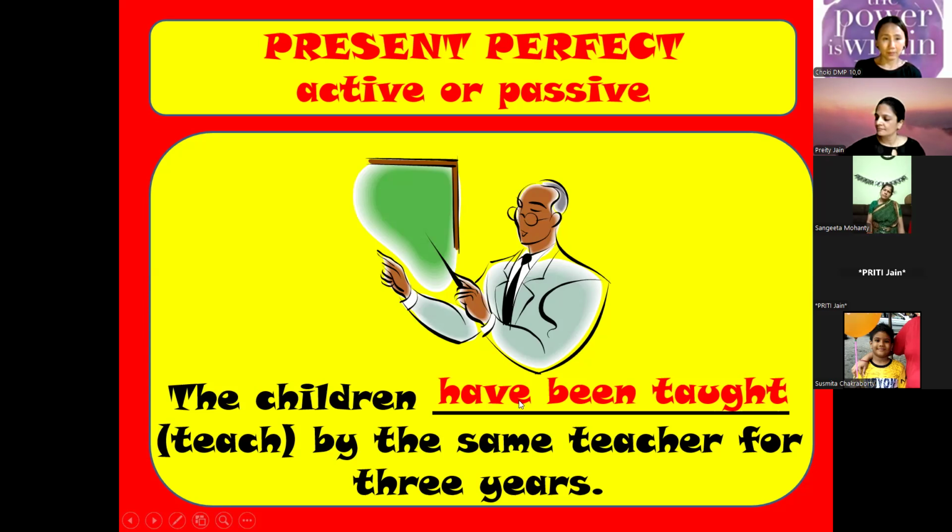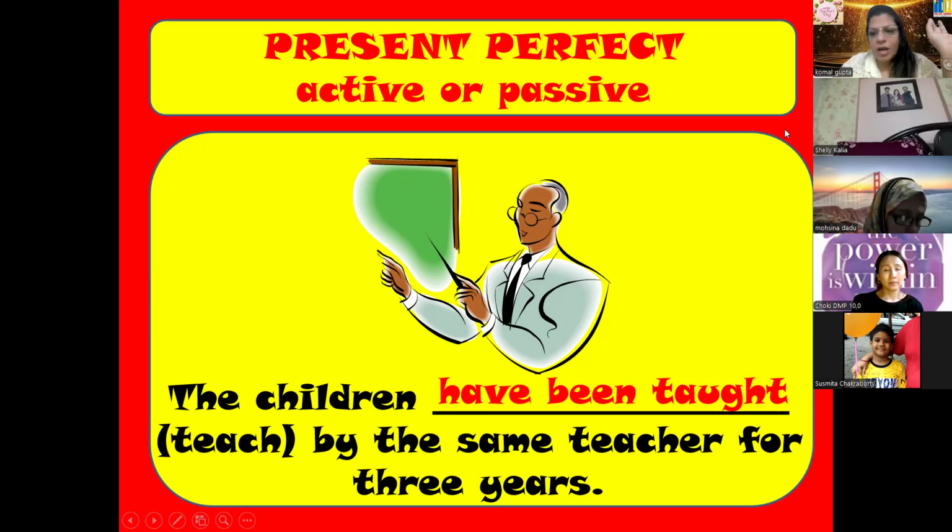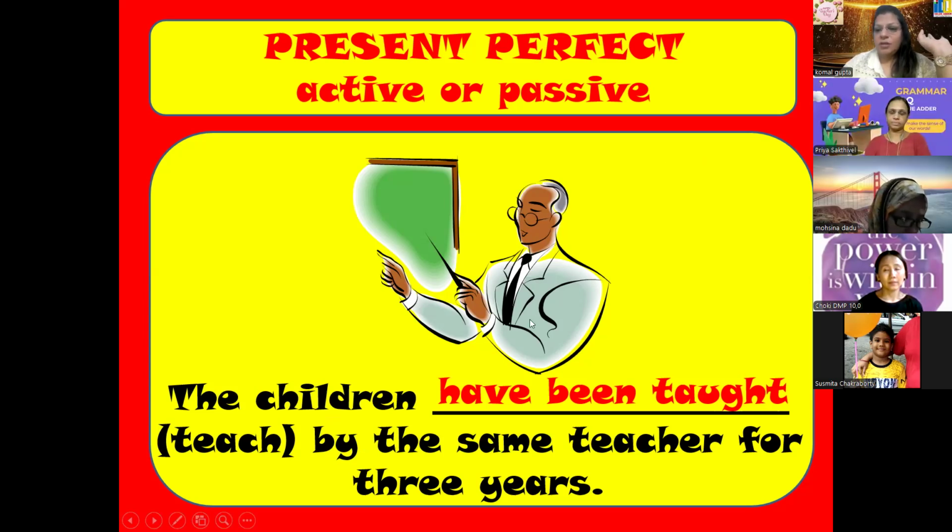But still you have to construct that sentence into the passive voice. So then you have to check the sense. And how do you identify, Shushmita? Here by is mentioned. If by is mentioned, it is understood that we are talking about which voice? Passive voice. So that's why we have constructed this sentence into the passive voice. The children have been taught by the same teacher.